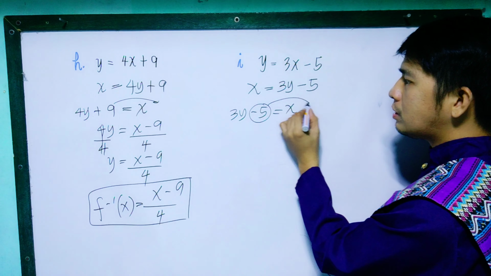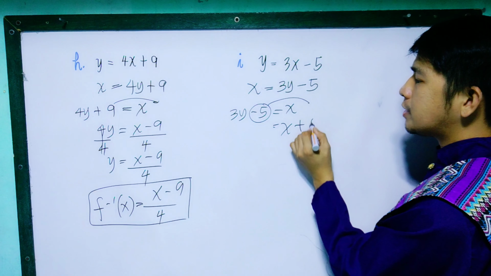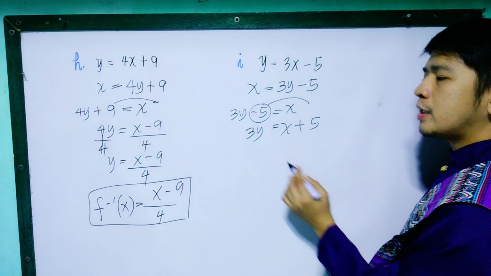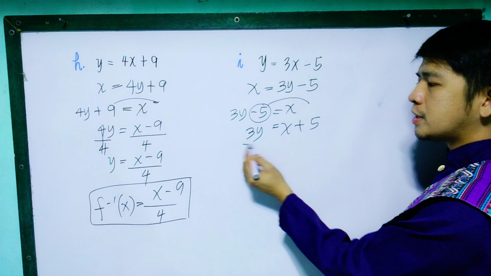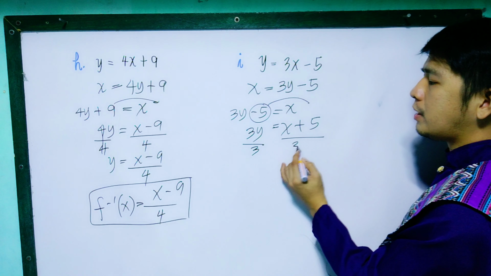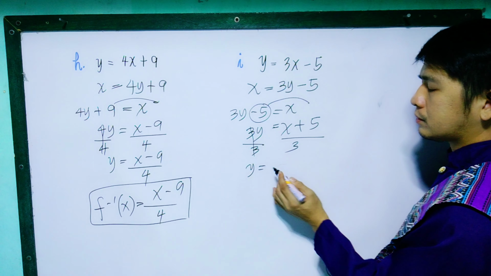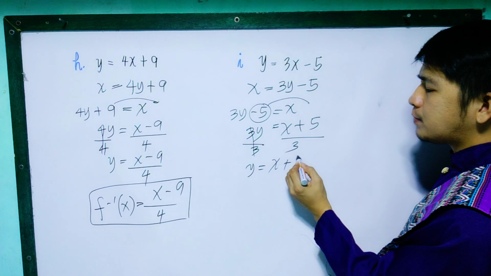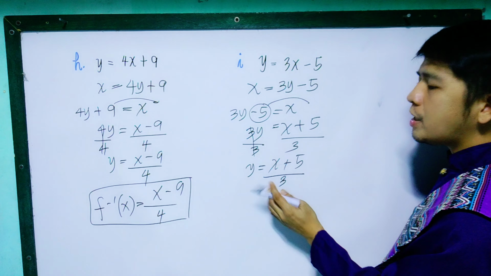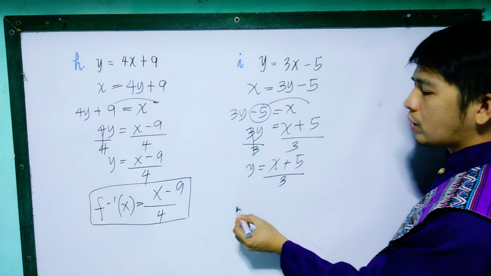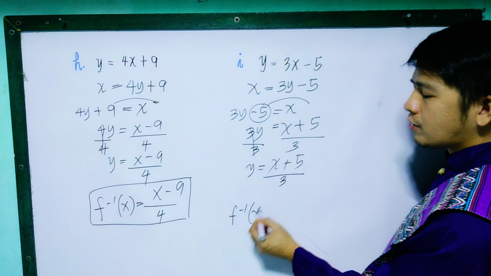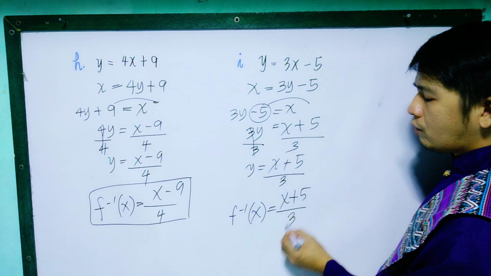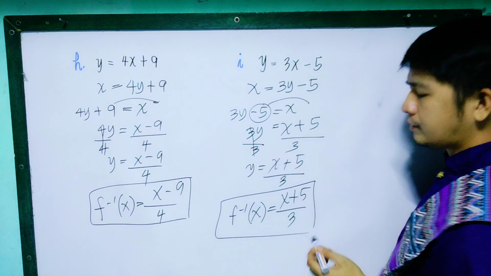Alisin muna to. So, that will be x plus 5. Maiiwan si 3y. Then, y lang dapat. Alisin si 3. Divide both sides by 3. That will be y equals to x plus 5 all over 3. And then, change y into f inverse of x equals to x plus 5 all over 3.